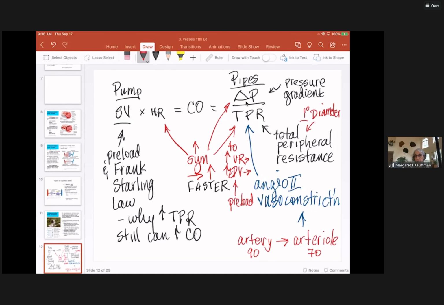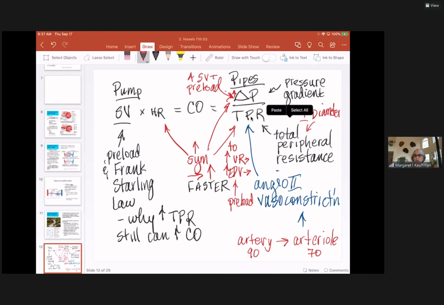So since stroke volume is that bolus of blood, the amount of blood being forced into the pipes, and it's being forced in by a stronger contraction, that makes this number right here, if you increase stroke volume and preload, that has the strongest influence on the delta P and makes that go up. And that's what you need to have happen if you're going to use an increase in resistance.